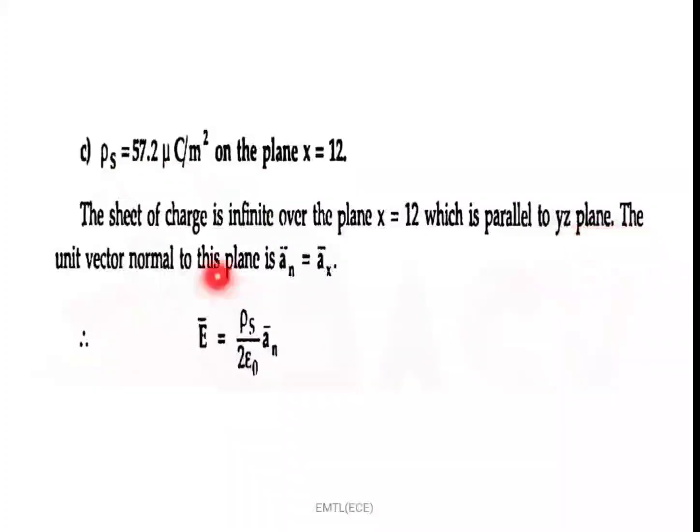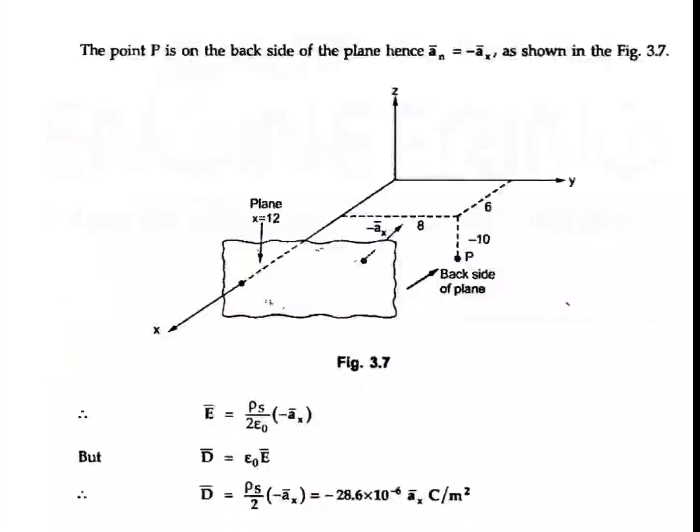That means it has a vector only along the x-axis. So the unit vector is written as AX bar, and the expression for the electric field intensity of this sheet of charge is rho s by 2 epsilon naught AN bar.